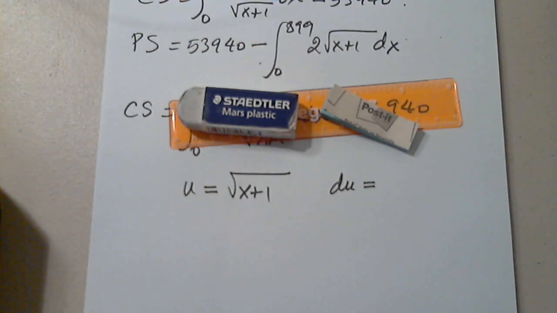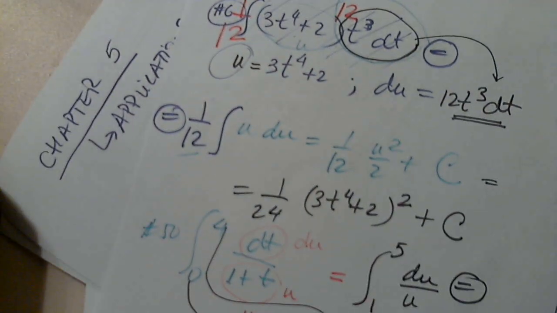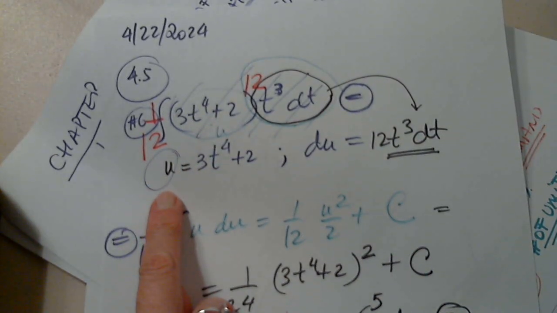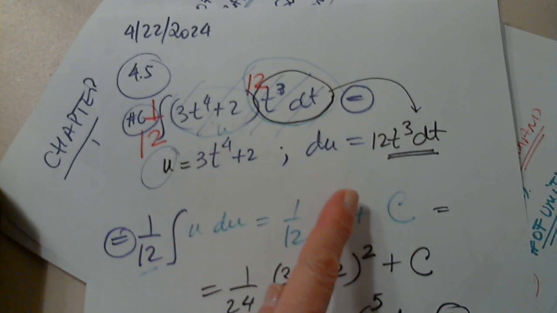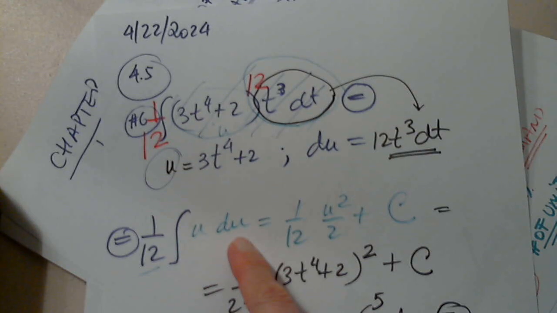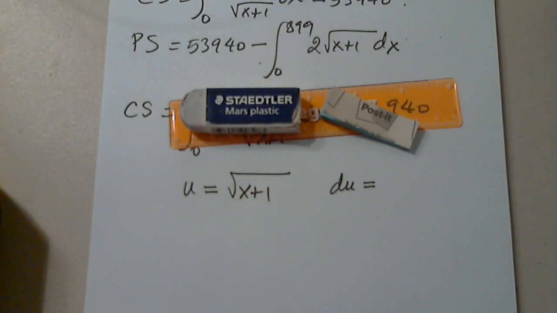So let's go back. I know it's very easy to forget. A few minutes ago, we decided that that was u. And we determined du. Because without du, I cannot proceed. So coming back to our function, we decided that u is the square root of x plus 1. Awesome, excellent. But if I cannot find du, then I cannot continue.